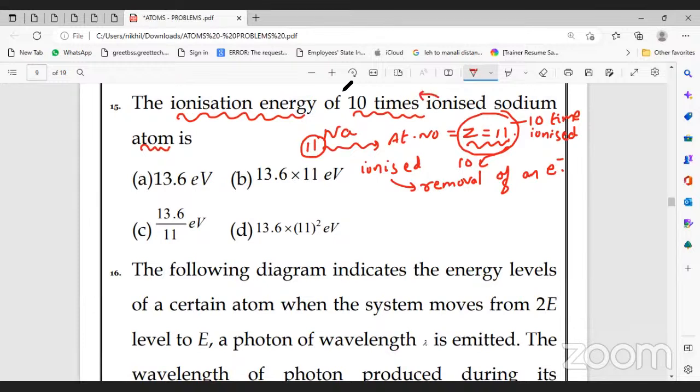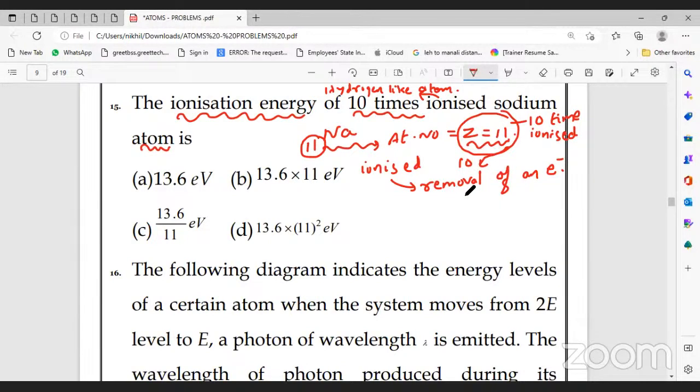You can consider this as a hydrogen-like atom. So if it is a hydrogen-like atom, you can apply the Bohr postulate to that.